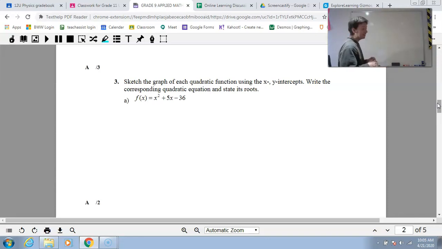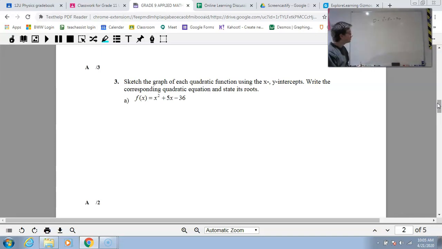So the quadratic equation is when it all equals 0. So 0 equals, let me just look at the function. I don't have my glasses on. x squared plus 5x minus 36. Alright, so there's your quadratic function.